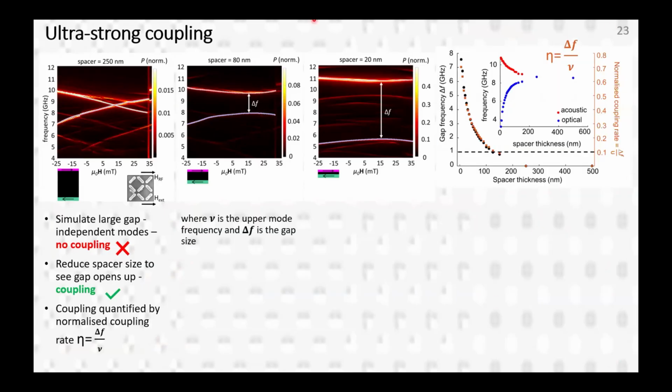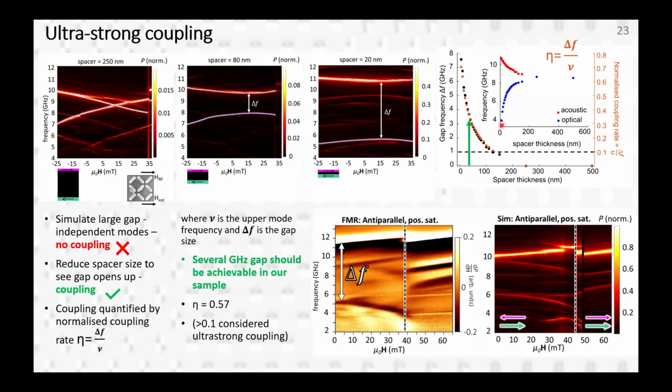As I said before, we can calculate the normalized coupling rate. In our system, based on our spacer thickness, we should achieve a several gigahertz gap. And that's what we do in fact find: a gap of around 7 gigahertz.